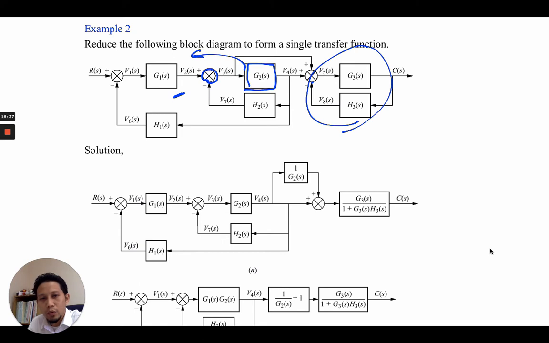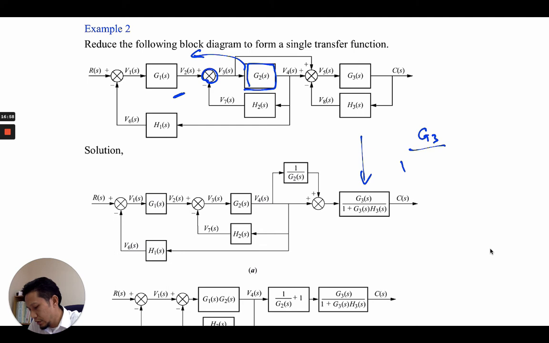Okay, let's go one by one. Okay, the first one is this. We can reduce this loop or feedback block diagram here. We have G3 using the formula 1. So let's look at the sign here. So it is actually minus, so it becomes 1 plus.